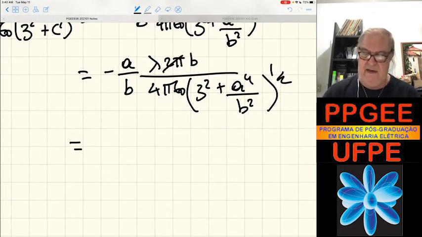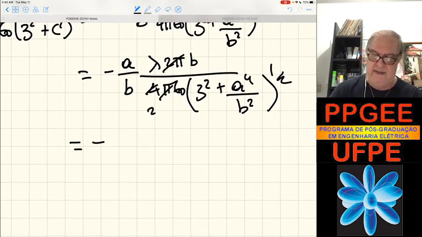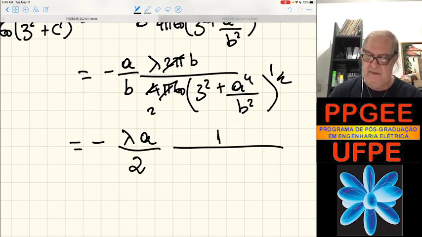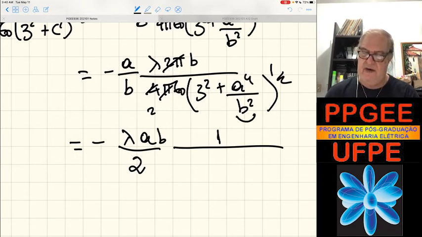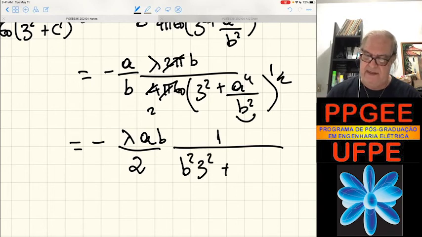So we have here minus lambda a divided by 2, then we're going to have a b here. This b squared goes up. It's going to be b squared z squared plus a to the fourth, to 1/2.